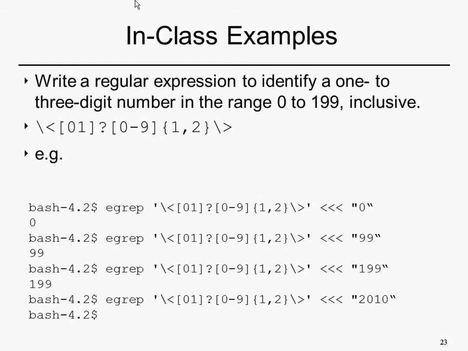And how about these outer delimiters, the backslash less-than and backslash greater-than? What's the meaning of those? Yeah, it has to be surrounded by things that are not alphanumeric characters. It could be at the beginning of the line or at the end of the line, or surrounded by spaces or stars or whatever, but it can't be surrounded by things that are alphanumeric.